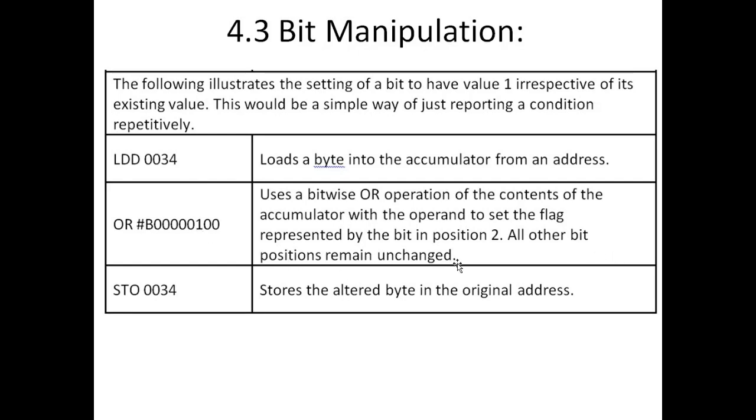All other bit positions remain unchanged because all of them are 0, and 0 plus anything remains either a 1 or a 0. However, this bit would definitely be changed to 1 regardless of whether it was previously 1 or 0. All the other bits would remain unchanged. Then we would store the altered byte at the original memory location.